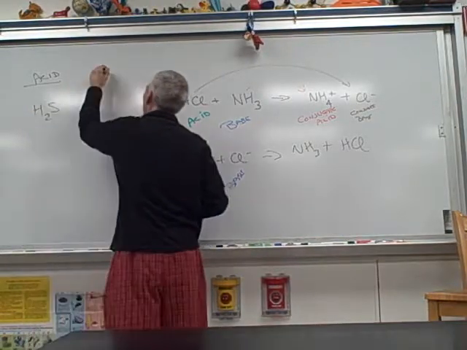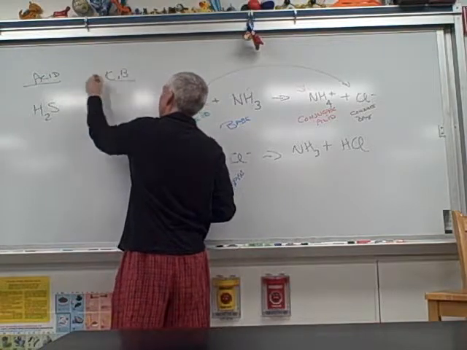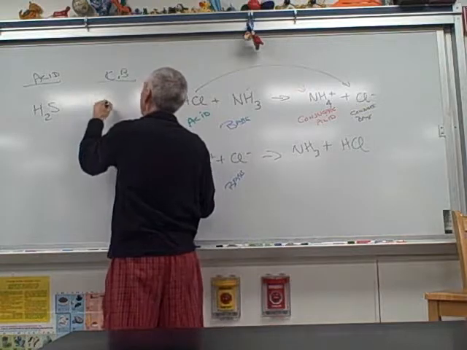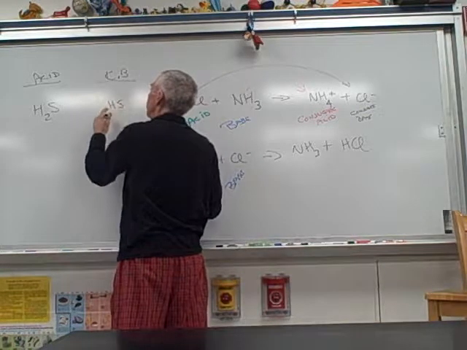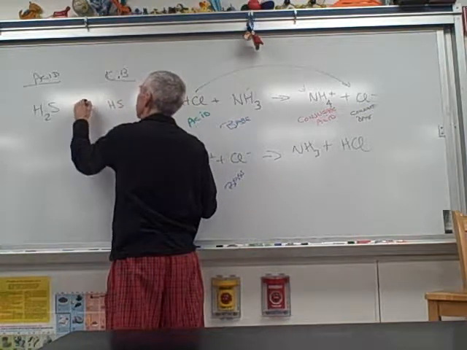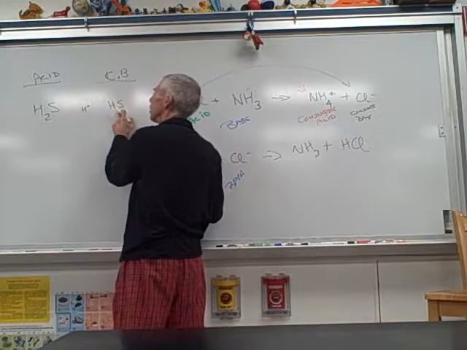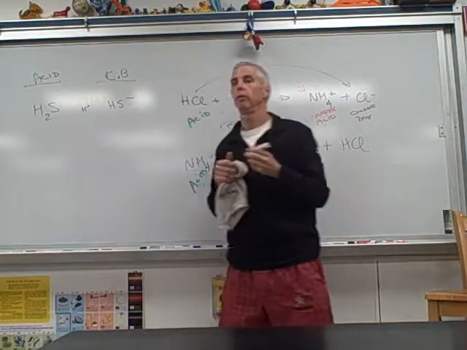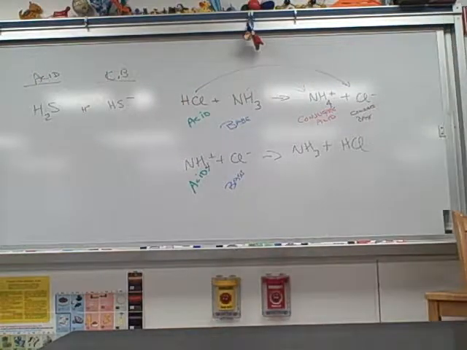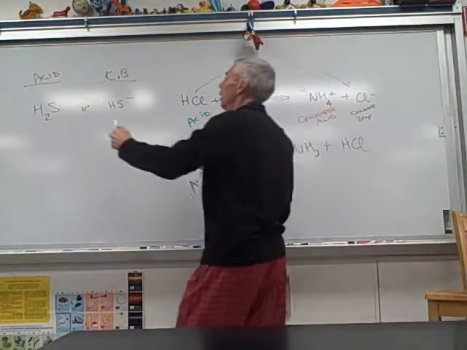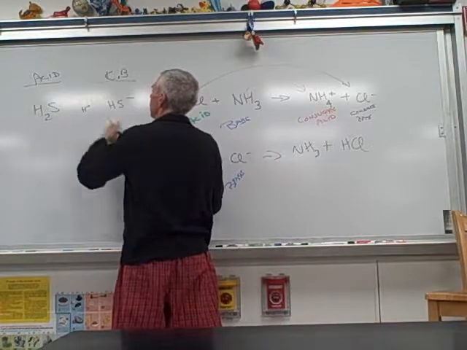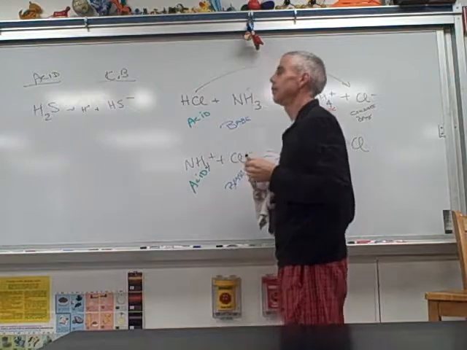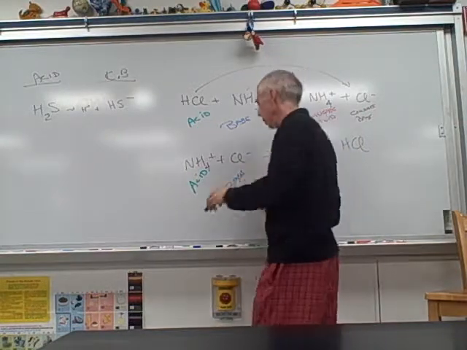This is my acid, H2S. What's its conjugate base? HS, but notice you lost an H plus in the process, so what's the charge on HS? -1. Does everybody see that? If that is an acid, it loses an H and becomes HS minus. Okay?